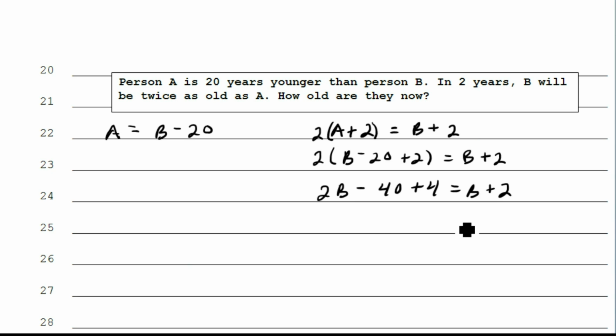Bring the b over to the left side by adding a minus b to both sides. You have a single b and everything else stays the same. Plus 4. This b is gone. You have 2 over here. You have minus 36 on this side, so add a positive 36 to each side. These will be gone, and you're left with b equals 2 plus 36, 38.